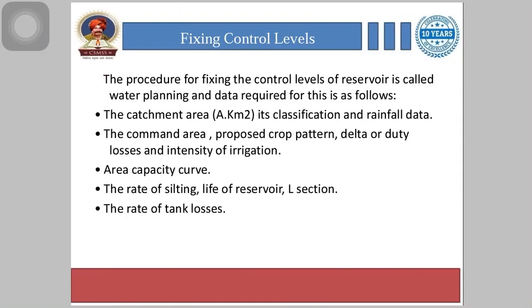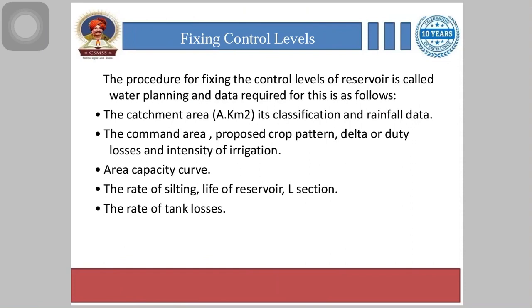Now we will see about fixing the control levels. The procedure for fixing the control levels of the reservoir is called water planning, and the data required for this is as follows. We need the catchment area in kilometer square, its classification, and the rainfall data.